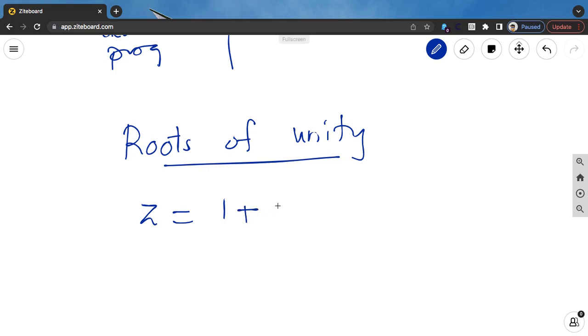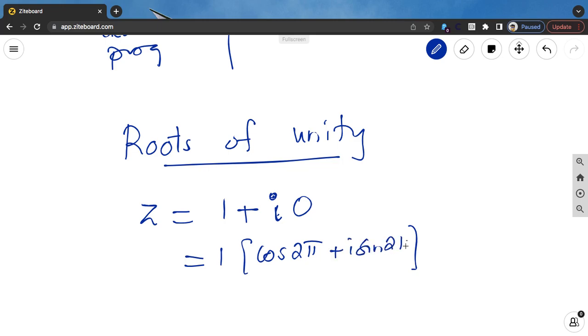Can I write it as 1 plus i 0? The real part is 1, but the imaginary part is 0. Can I also write it with 1 as the modulus and the angle as 2 pi, because cos of 2 pi is 1 and sine of 2 pi is 0?